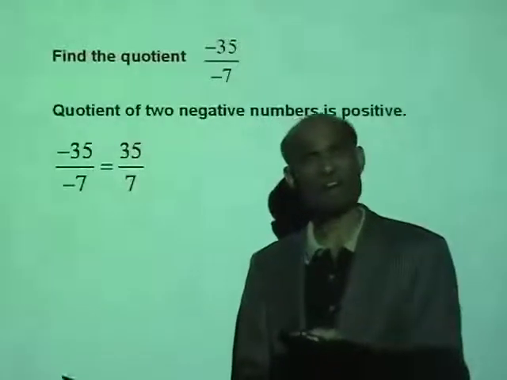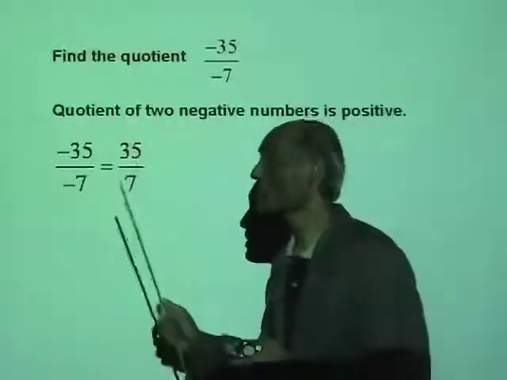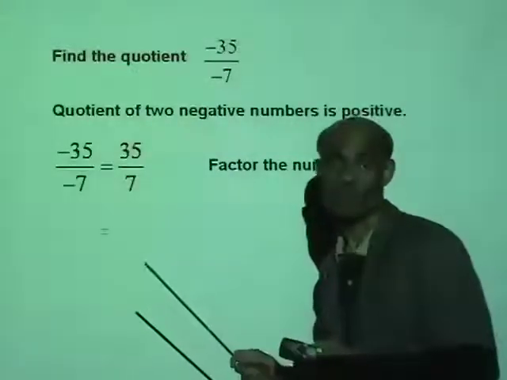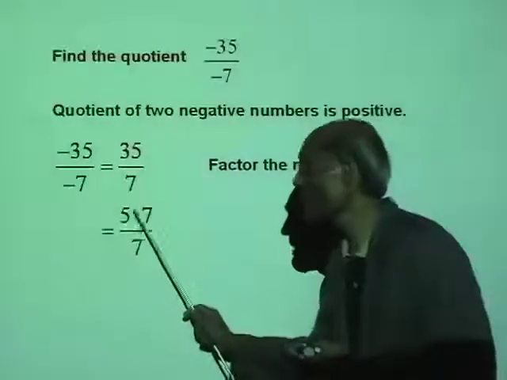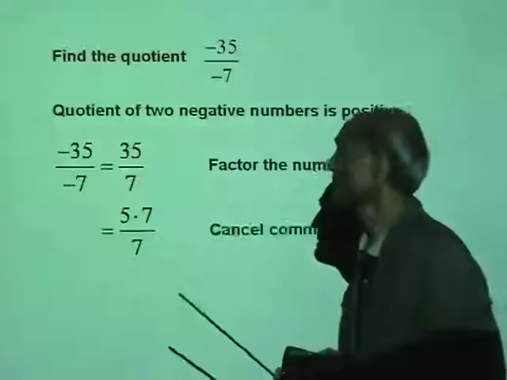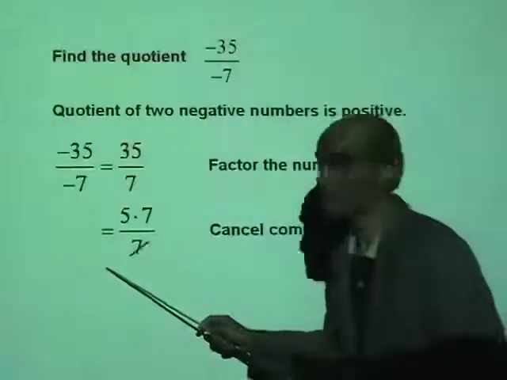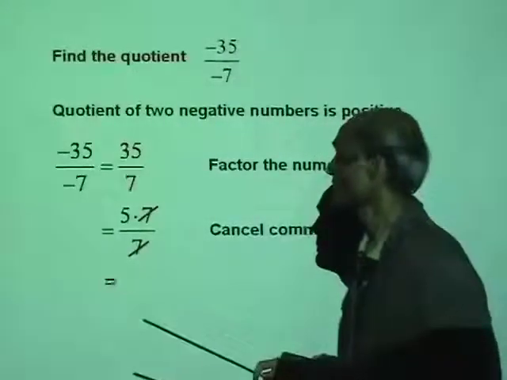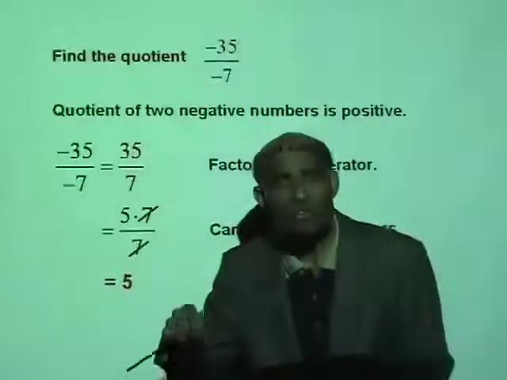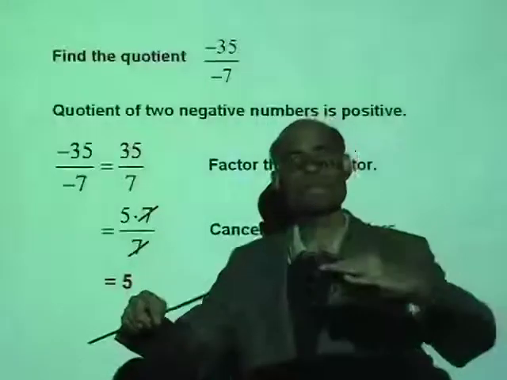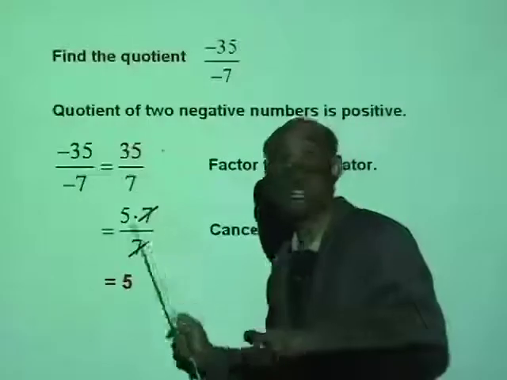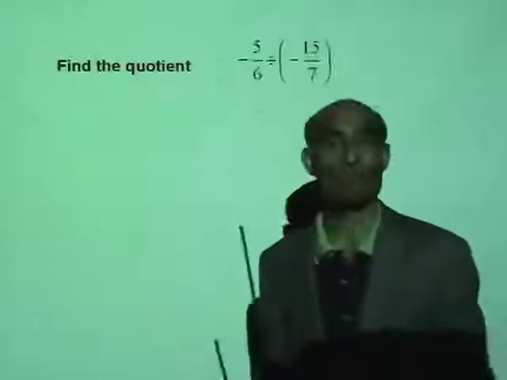What is 35 over 7? Well, 35 can be written as 5 times 7. So that is 5 times 7 divided by 7. Cancel the common factors. That gives you 5. Well, you didn't have to go through these steps. I take you through these basic steps in every problem. But you know 35 divided by 7 is 5.